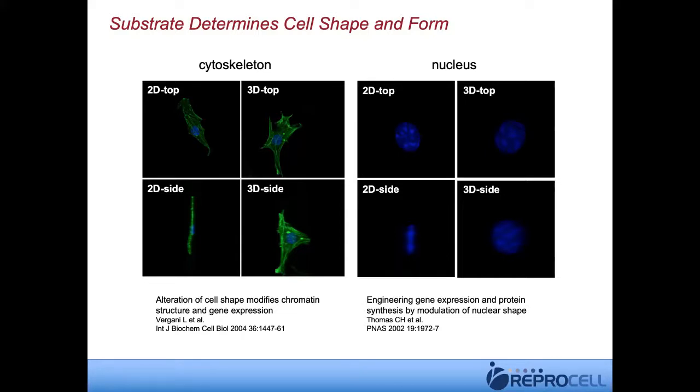And it is of no surprise that this change of shape can influence, as it says in the papers published at the bottom, gene and protein expression. So this is a long established phenomenon. People have known about this for many years, but we still grow our cells in 2D culture, and it's important to be aware of this limitation.